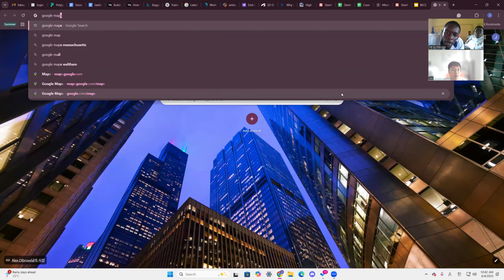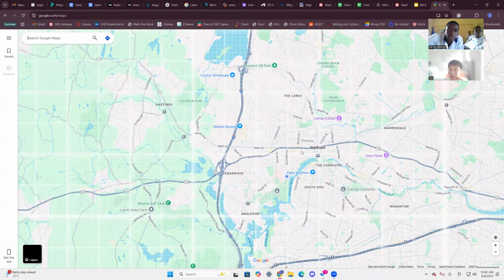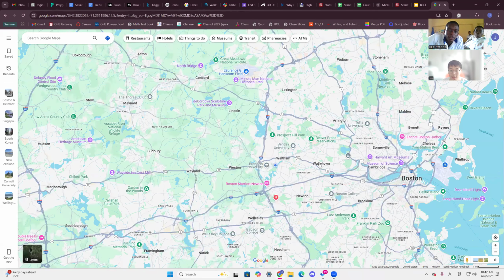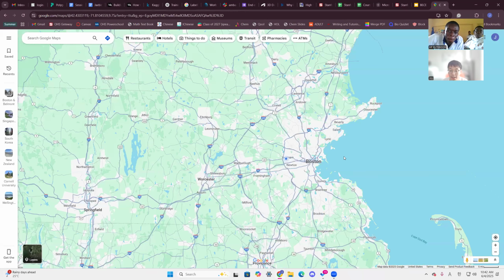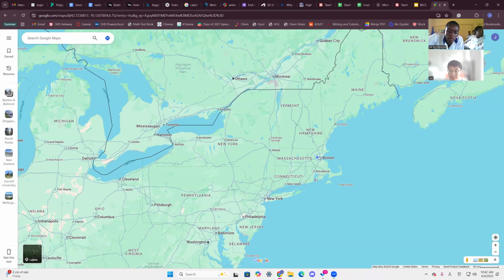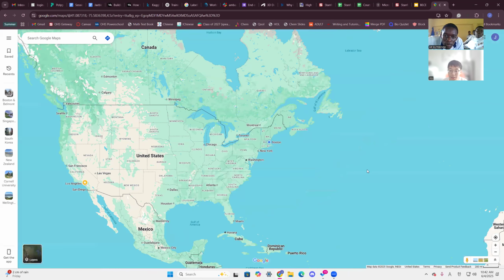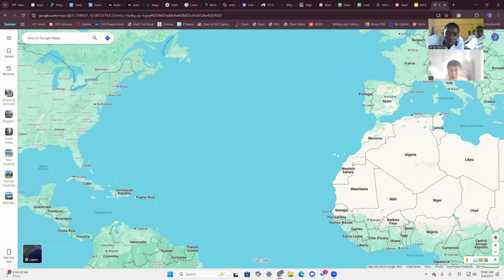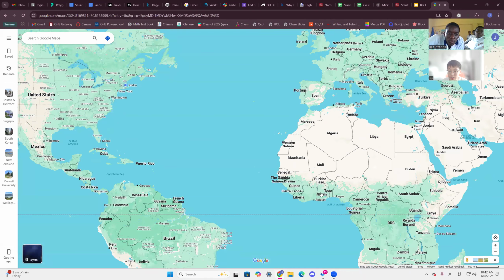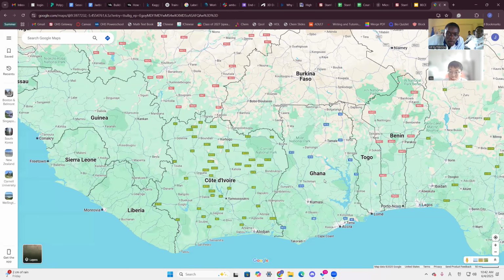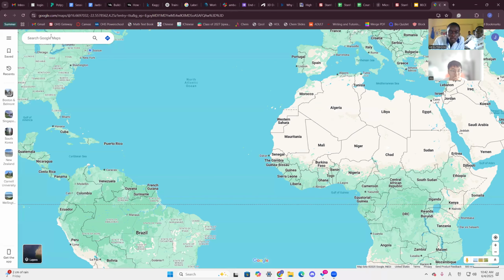My brother is also near the area. So can you see the screen? Yeah, I'm right here. Like you see this blue dot? I'm over here. This is the United States, and you guys are in Ghana. This is Ghana.